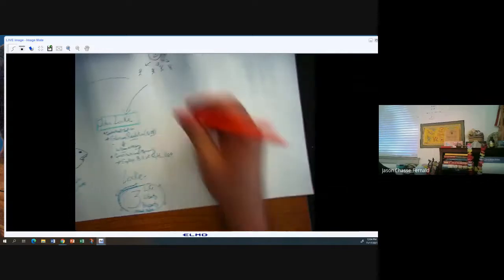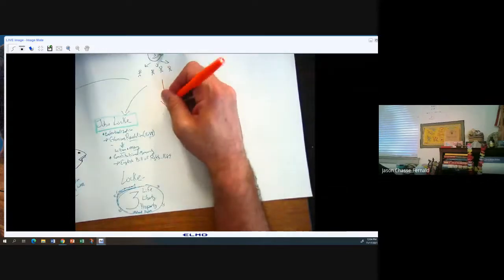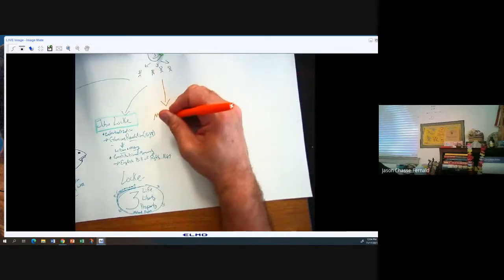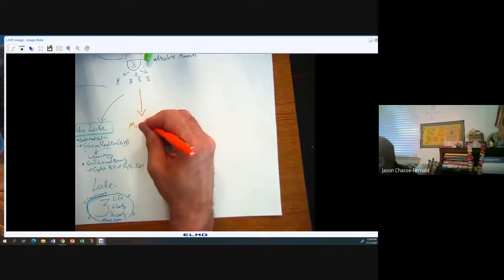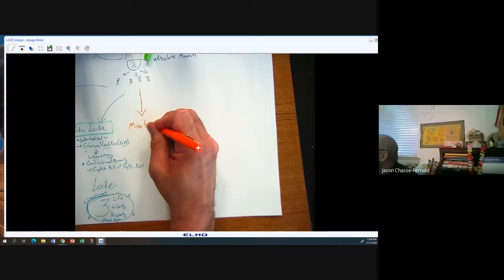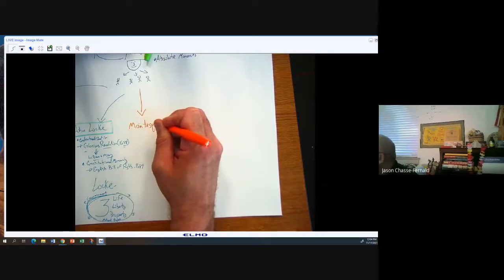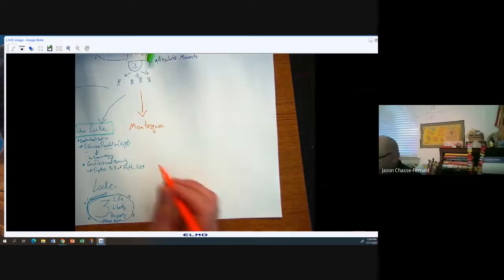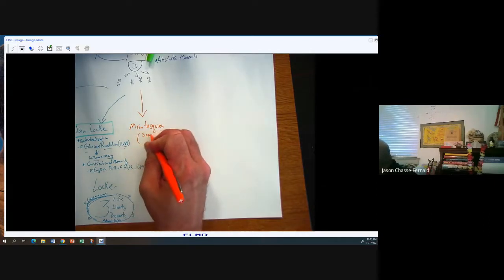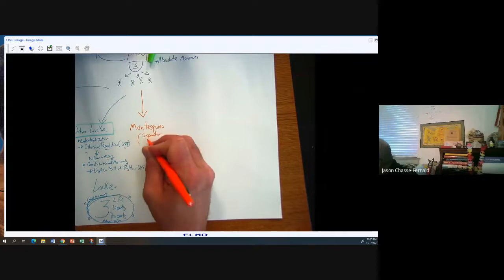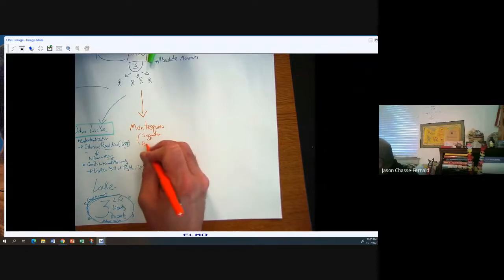All right. So let's drop this down. Montesquieu. So he wants separation of powers.